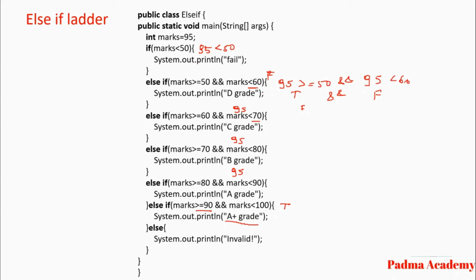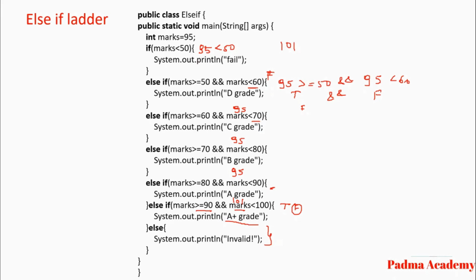Here the else part will not be executed. If the condition over here is false, then the else part will be executed. For marks 101 we will consider, so up to here it will be false. Then here 101 is not less than 100, so it will be false.